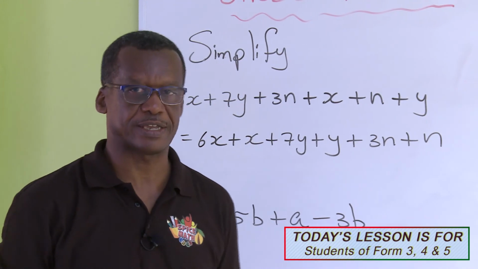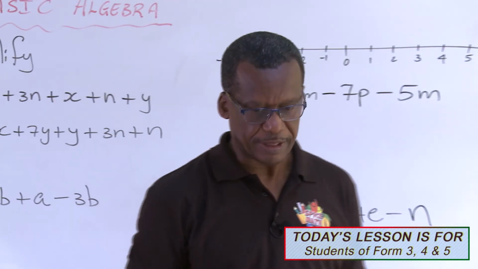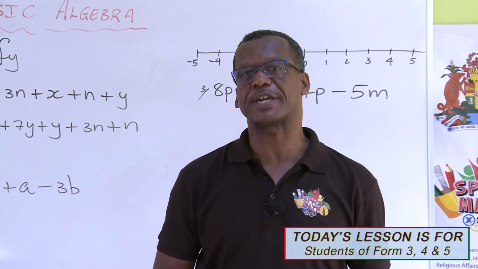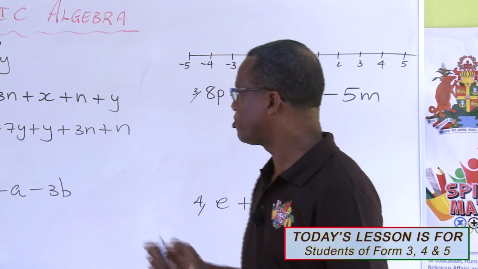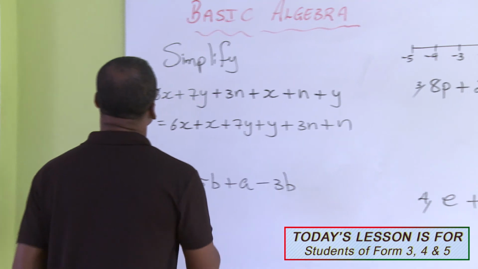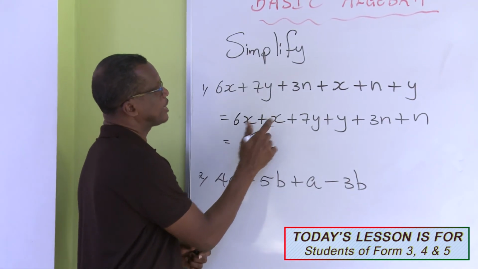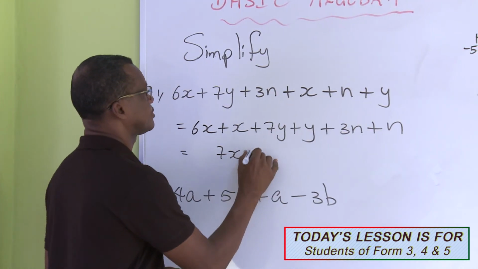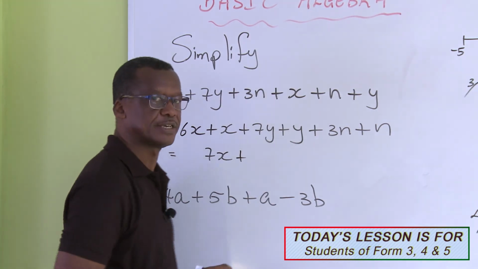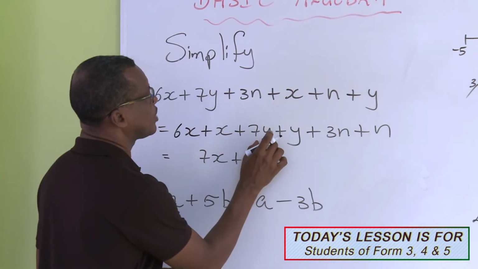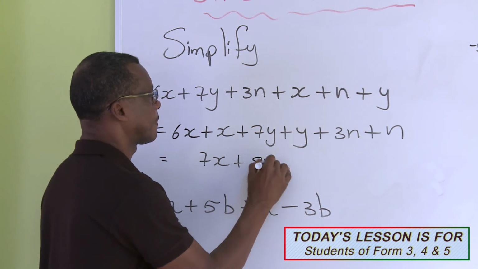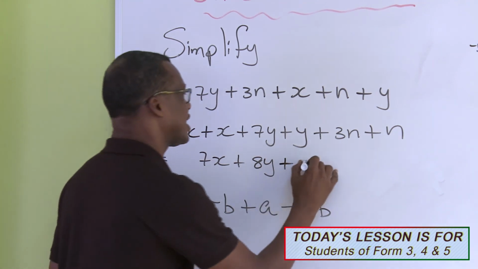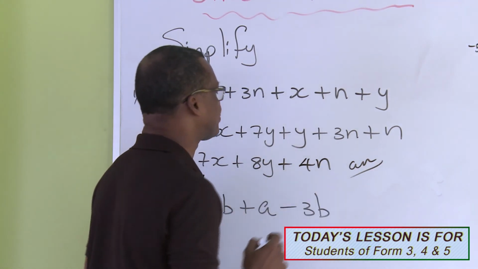Now we can simplify those like terms that are brought together and come up with one expression for each of the pairs. 6x plus x gives me 7x, that is 6x plus 1x. 7y plus y gives me 8y, that is 7y plus 1y. And 3n plus n, how much would that give? 4n, right? And this would be our answer.